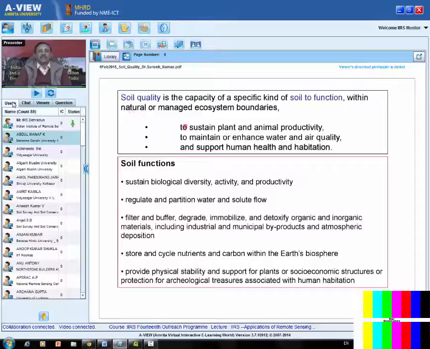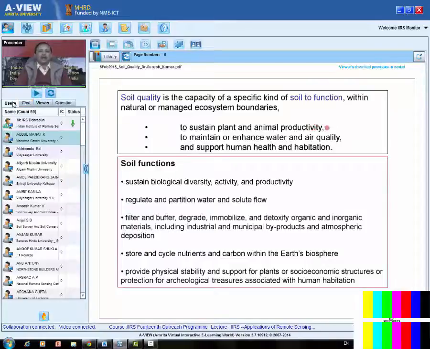Why soil quality? What does it give you? Soil quality provides information to sustain plant and animal productivity. For the vegetation you are growing, is it productive or not? Animal productivity, meaning your animals' health or animal product quality, will depend on how the soil quality is.